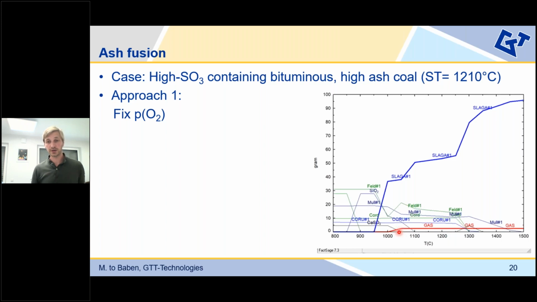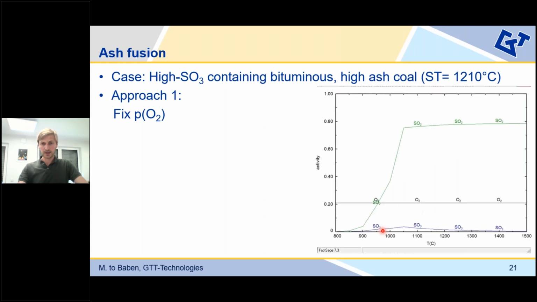What you see here is that the slag phase starts to form around 950 degrees C. At 1000 degrees C or a little bit above that, you start to form a gas phase. All the other solid phases must not really bother us right now. Is this realistic?